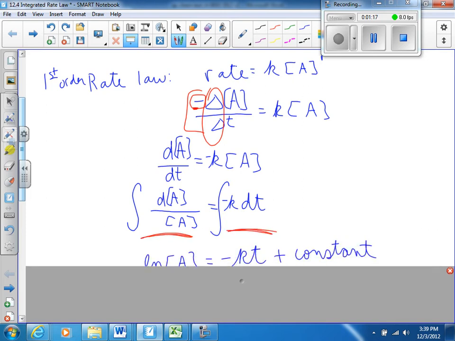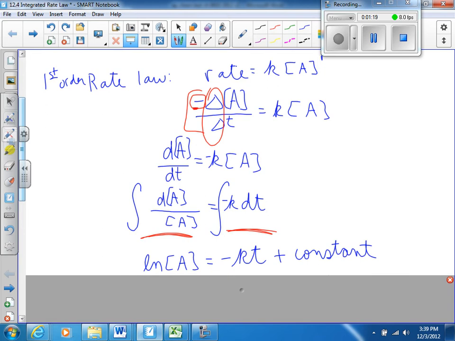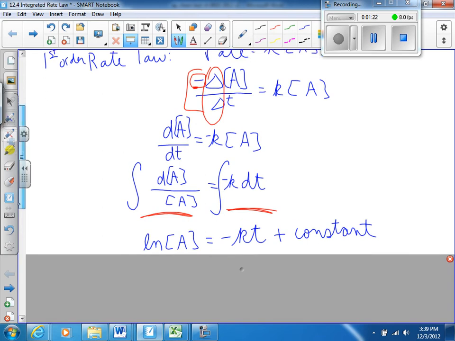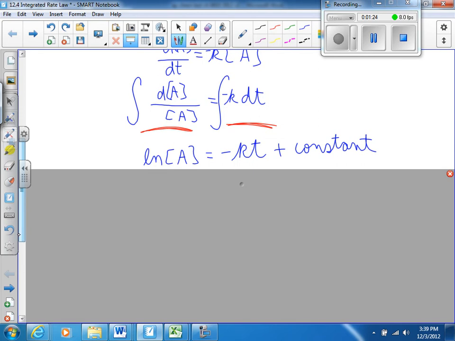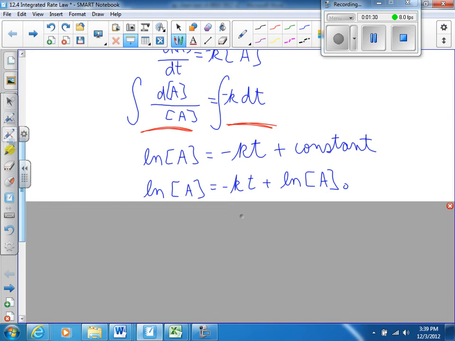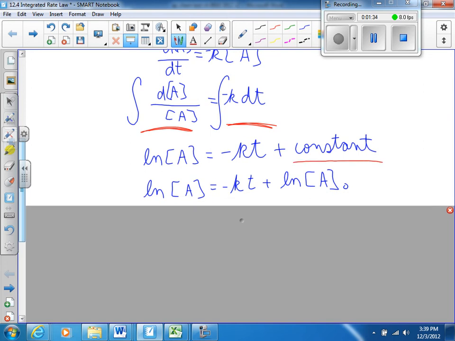We integrate both sides. And this is what you get if you have a senior friend who's taking calculus and you say, hey, can you integrate this equation for me? They could probably do it, and you'll learn how to do it next year if you take calculus. Okay, when we integrate, we get a constant, and we can plug in information, and we learned that that constant is always the log of the initial concentration.